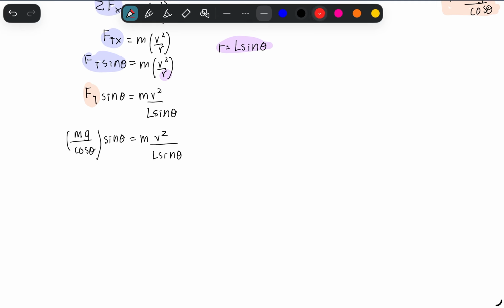After this, we see mass is present on both sides, so you can cancel that out. Then we have g sine theta over cosine theta is equal to v squared over L sine of theta. After this, we can multiply both sides by L sine of theta so that we can isolate our v.